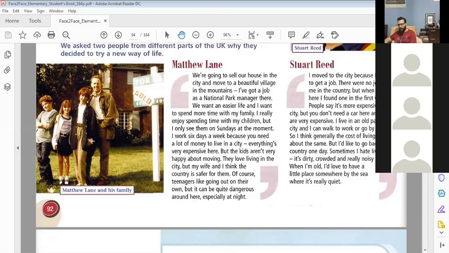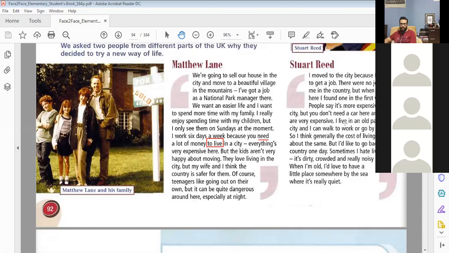Where's the verb? To live in the city. Yes, this is the verb. So need, we want to look at the verb after it. And the verb after need is to live. Right? You need money to live. Money is a noun, but the verb is to live.